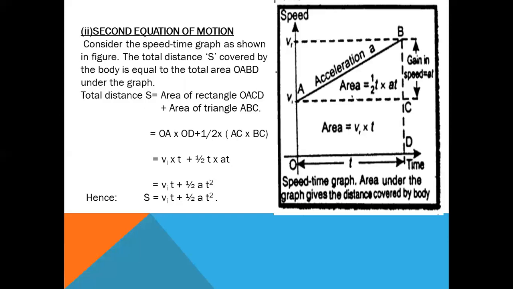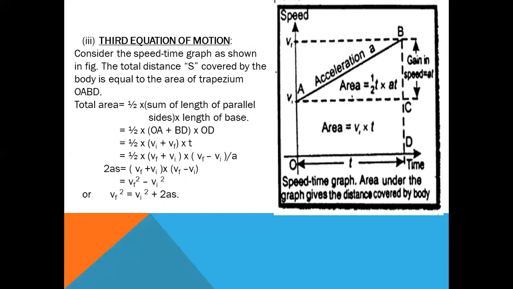So t multiplied by at. at is taken from BC. BC length is equal to at. So above equation is equal to Vit plus half at square. Hence, S is equal to Vit plus half at square. This is final form of second equation of motion.